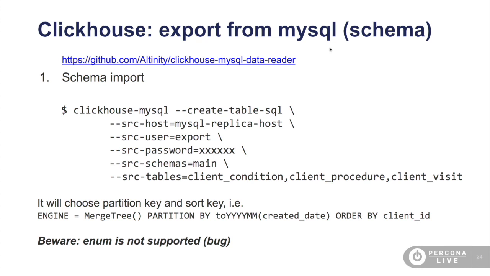So how do I export the data from MySQL? We have this open source tool called ClickHouse MySQL, created by Altinity, and this tool will allow you to connect to MySQL. The first thing I need to do is export the schema. To export the schema, I can use this command, specify the connection parameters to MySQL, specify the tables I want to export, and then load it into ClickHouse.